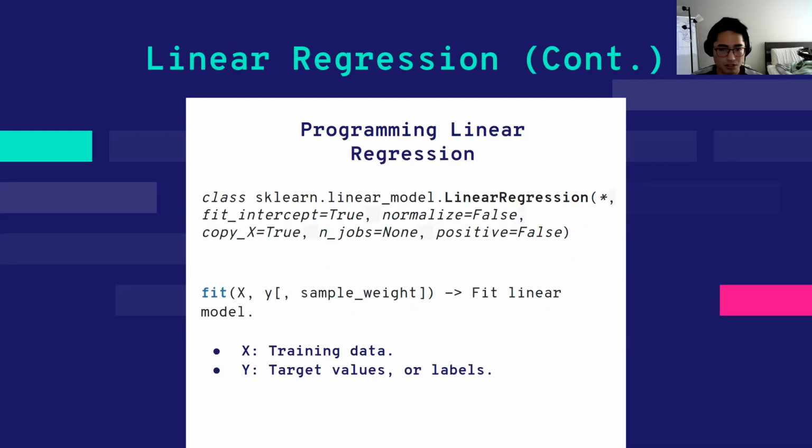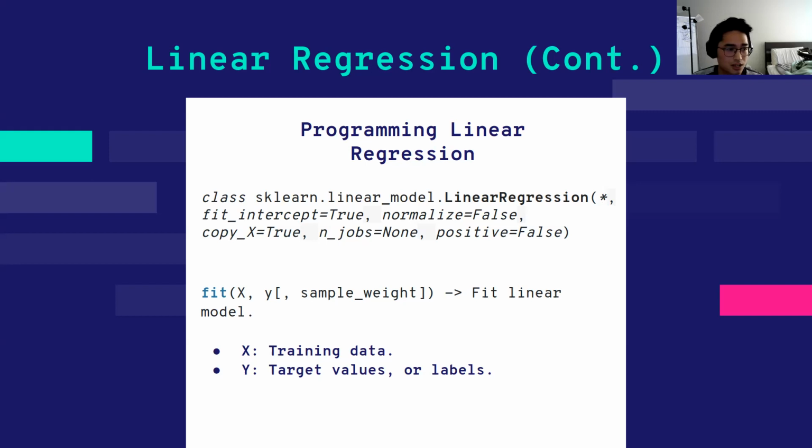Now, when we're going to program our linear regression model, we're going to be using sklearn, or what we call scikit-learn. It's basically a scientific library that we'll be using to fit our data into a linear regression model. The top right here that says class sklearn is grabbed from sklearn's documentation. Inside the parentheses are the arguments.